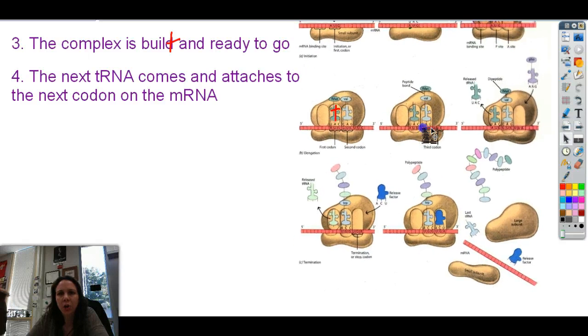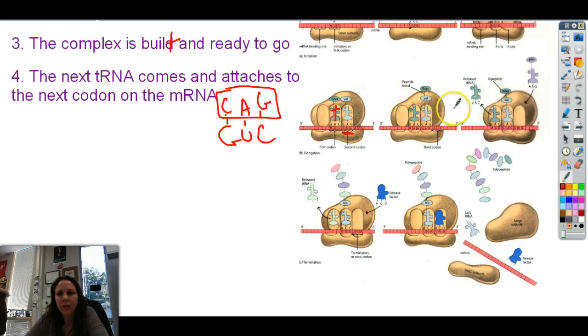Okay, so it's open, and that invites the next tRNA to come down. Well, the codon is GUC, so I need the tRNA that's going to fit to that. G fits with C, U fits with A, C fits with G. So whichever tRNA has the anticodon CAG, he gets to sit down.